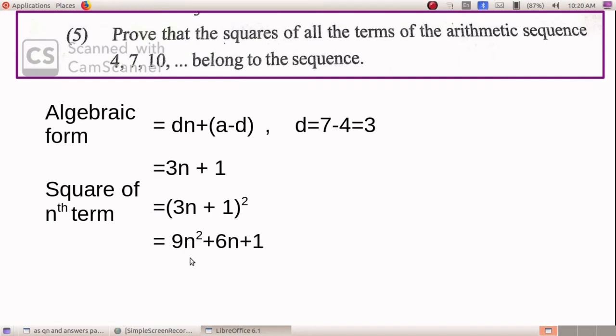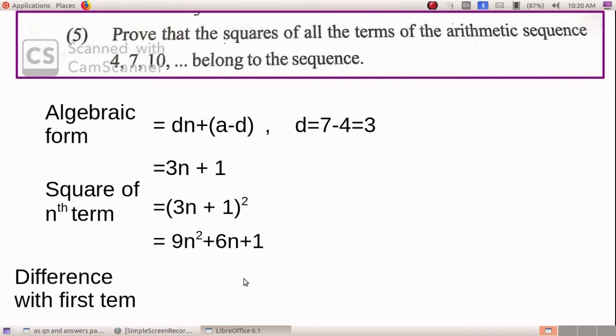Okay, now this one is the square of the nth term of the arithmetic sequence. If this differs from the first term by a multiple of the common difference, then this square is again a term of the sequence. And so we have to find the difference of the square of this nth term with the first term. Therefore, from this we have to subtract 4.